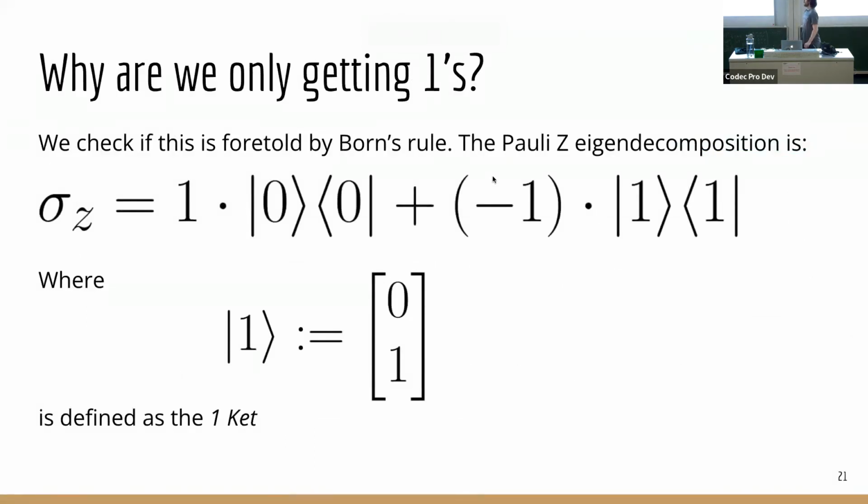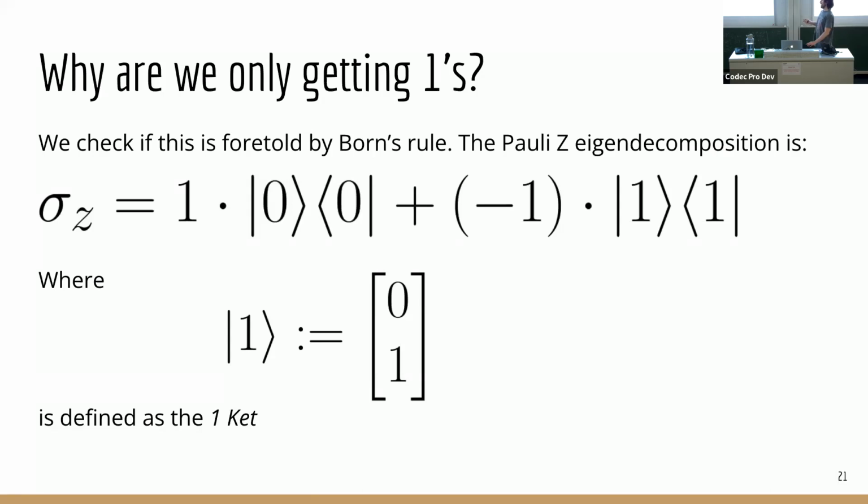Okay, so why are we only observing ones? Well, if we take our observable matrix and our qubit and we plug them appropriately into Born's rule, we can see that this is all mathematically consistent. So the Pauli-Z matrix has an eigendecomposition as follows. We have the eigenvalue 1 times the outer product of the 0 ket with itself.